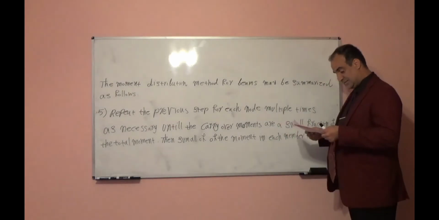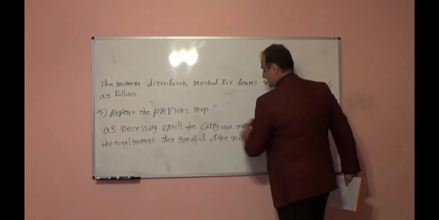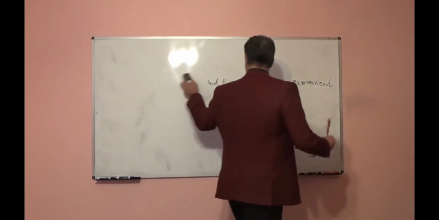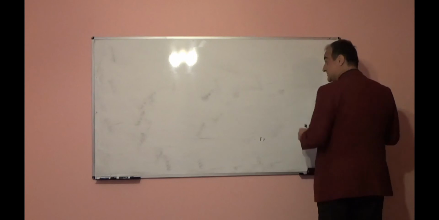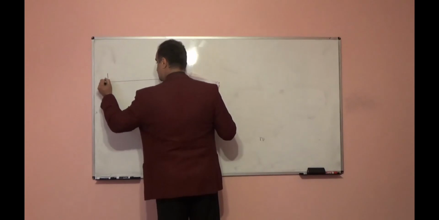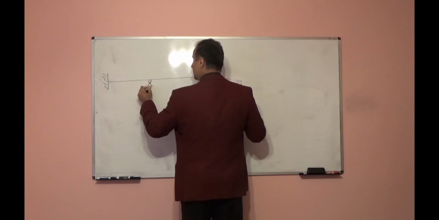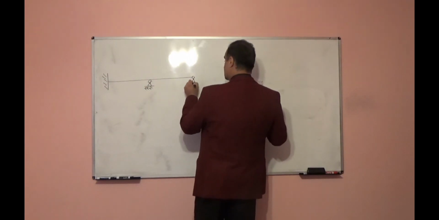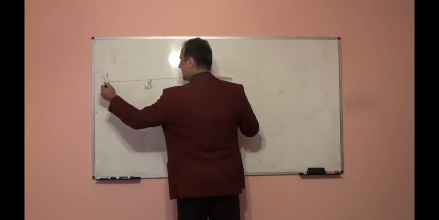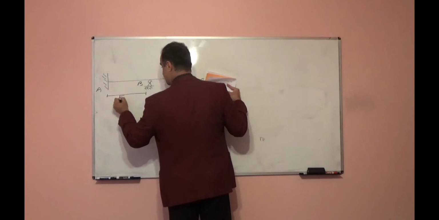Okay, let's apply this to one very simple example, step by step, to see how we can solve an indeterminate beam using the moment distribution or Hardy-Cross method. This beam is indeterminate, and the degree of indeterminacy is 2. Here we have A, B, C. This span is 5 meters.